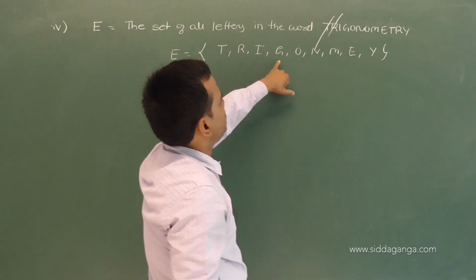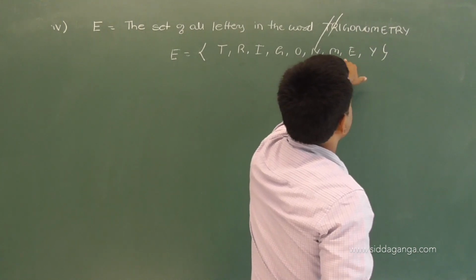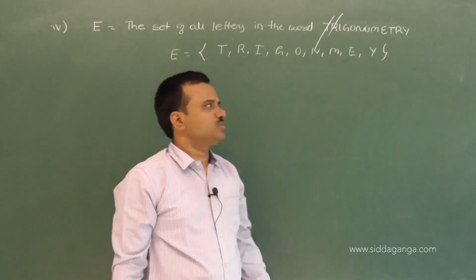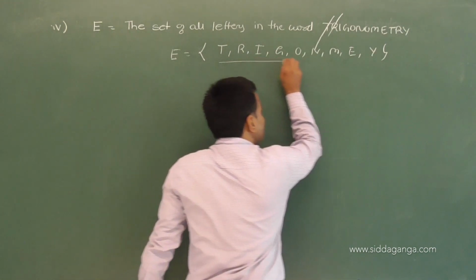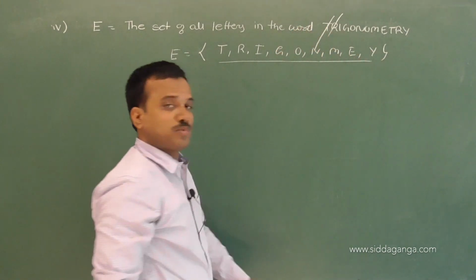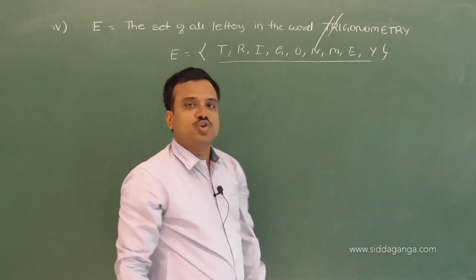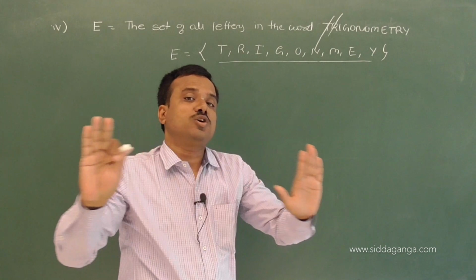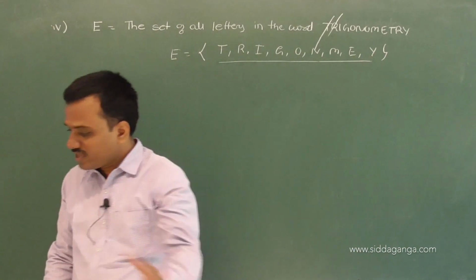So here, very important, why is this problem given? He says one concept: in the collection of sets, repetition of the digits is not allowed. Next question.